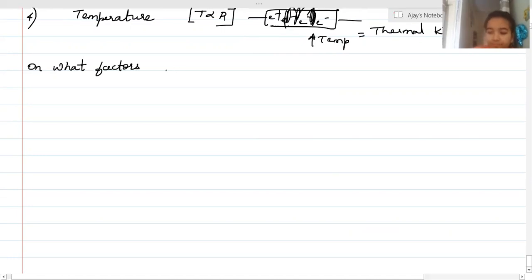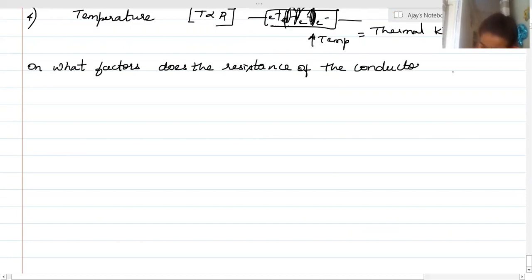So the question reads, on what factors does the resistance of the conductor depend on? They'll ask like this.